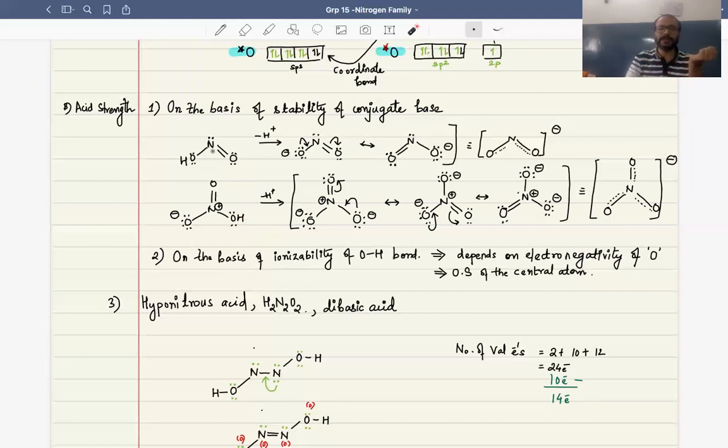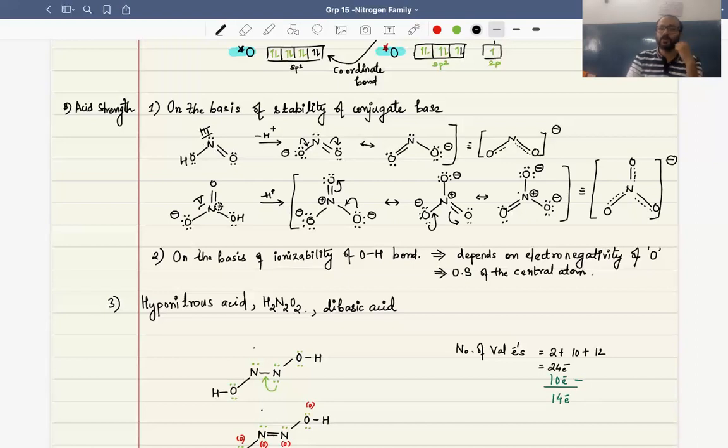So if you compare the oxidation states of these two nitrogen atoms, for this particular nitrogen atom it should be 1, 2, 3, 2 times 3 is 6, minus 1, so this would be +5 oxidation state in the case of nitrogen. And if we compare nitrous acid, 2 twos are 4, so it would be +3 oxidation state.